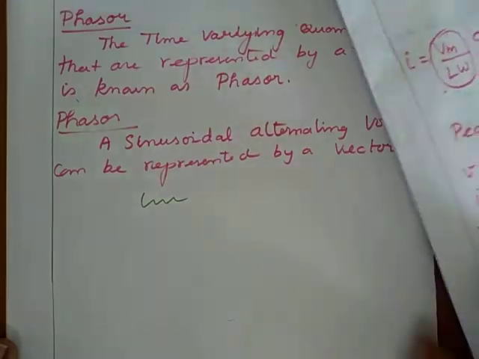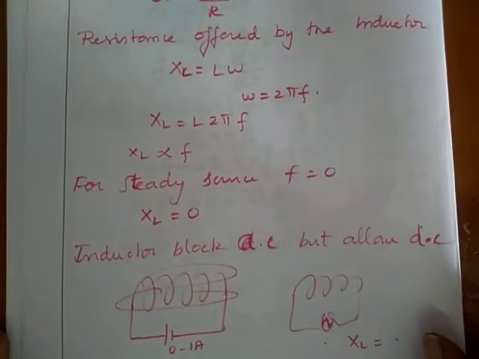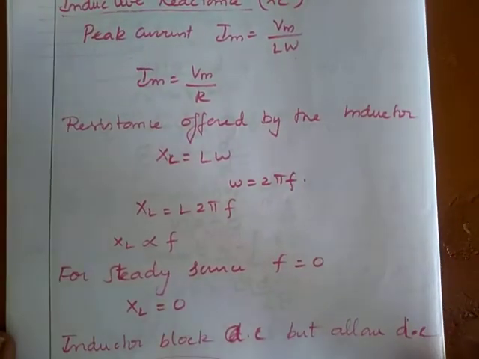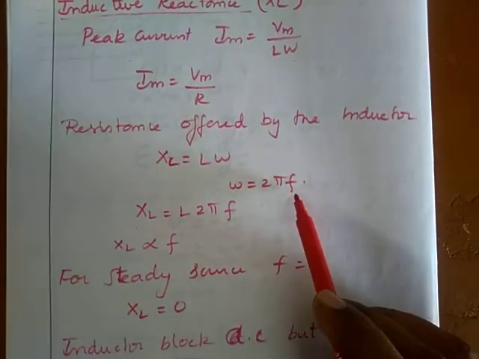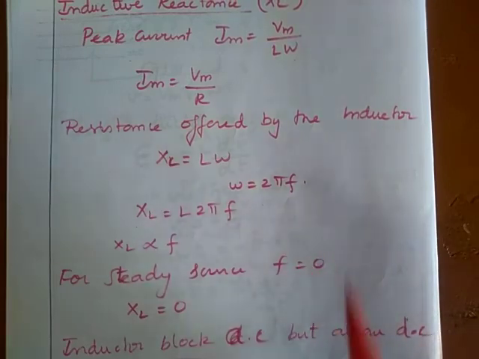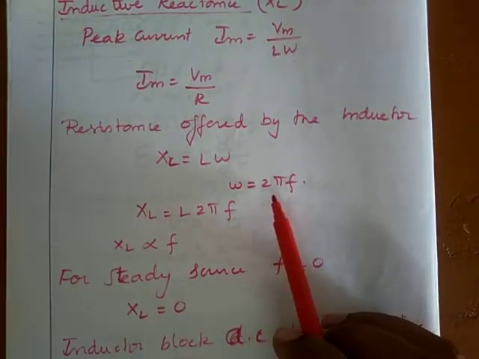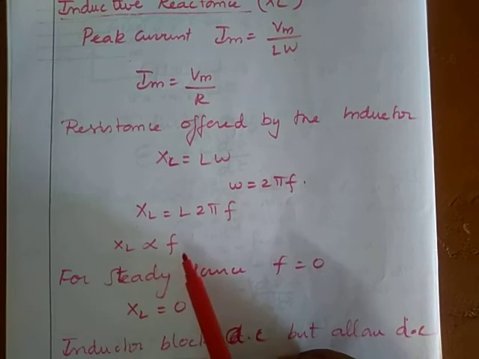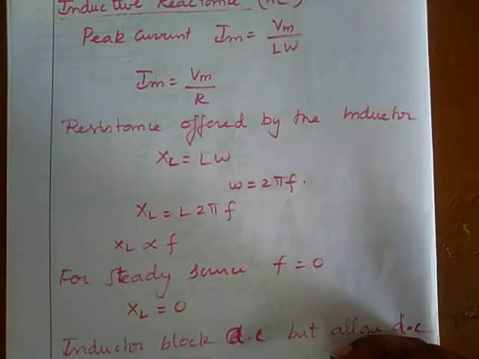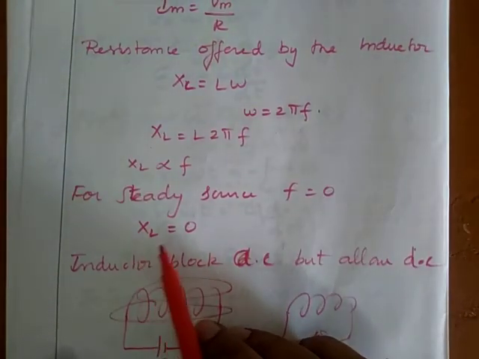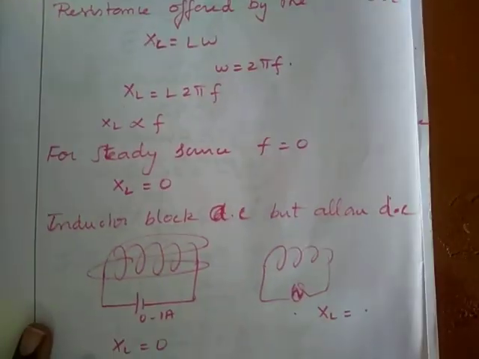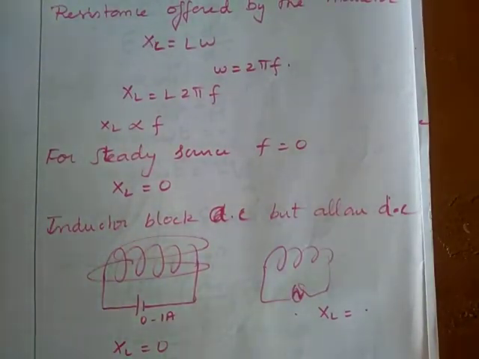Then next I found the inductive reactance, which is the opposition offered by the inductor to the current flow, that is XL is equal to L omega. That depends on the frequency of the source. For an AC source it will have some value, but for a DC source the frequency is 0, so the inductive reactance for DC is 0. That's why the inductor blocks AC but allows DC.